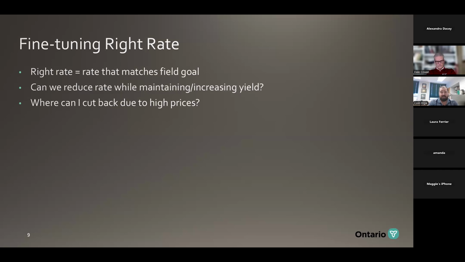One of the questions I've been getting a lot lately, and I'm sure a lot of agronomists are getting the same thing, is, due to input prices that are staying high or increasing, and crop prices that maybe aren't following quite the same, where can I cut back? Without having that soil test translation to begin with, it's incredibly difficult to say where we can afford to cut back.